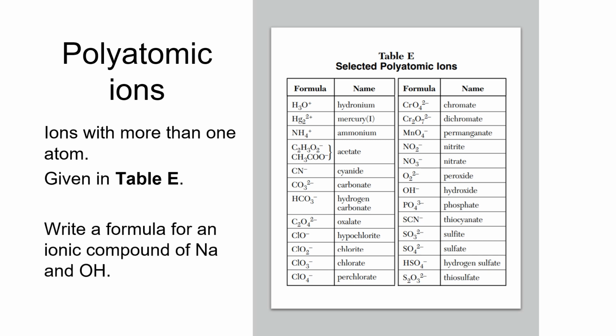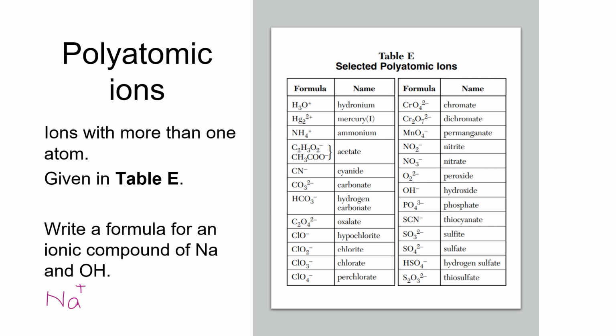So let's say we are trying to write a formula for an ionic compound which has sodium and a hydroxide ion. Sodium, as we all know, is in group 1. It's a metal, so it's going to become a cation with a charge of +1 because the oxidation number is +1.